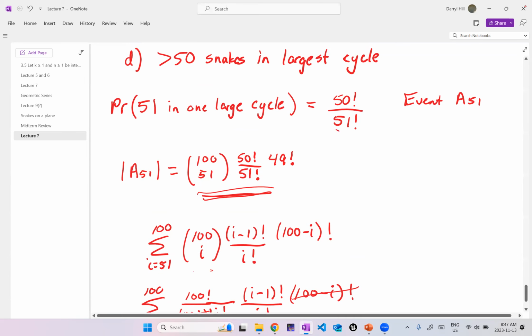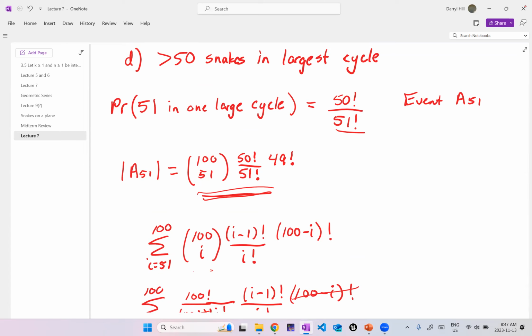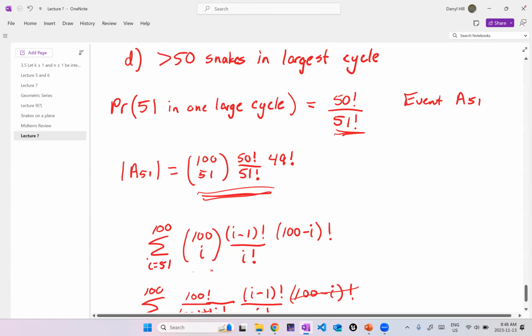This is 50 factorial over 51 factorial is the probability that this happens. But in terms of counting, it's just 50 factorial, right?